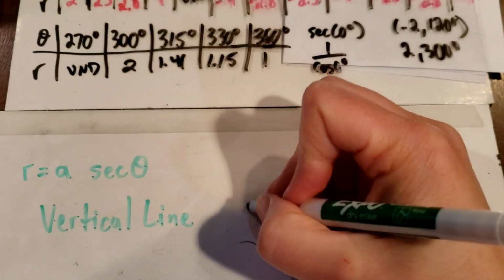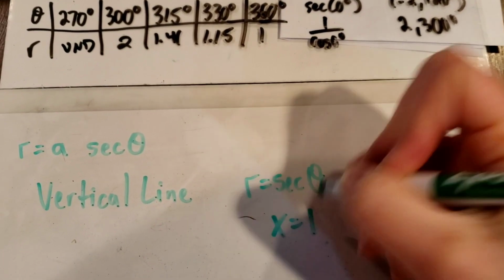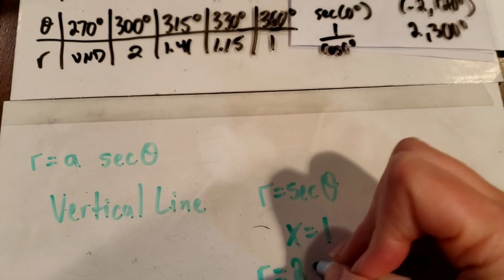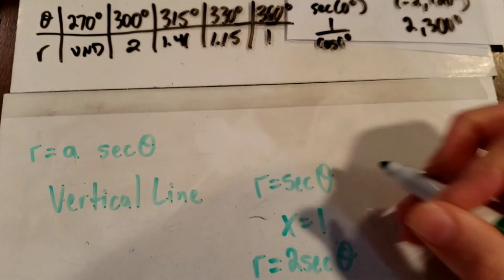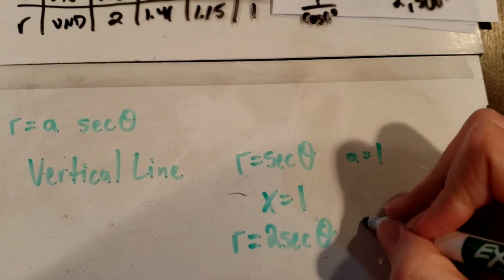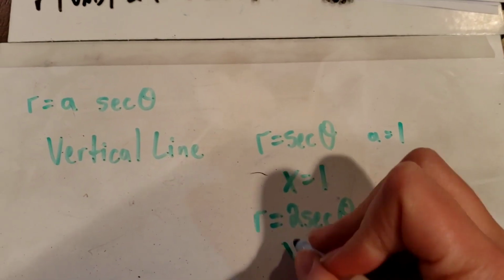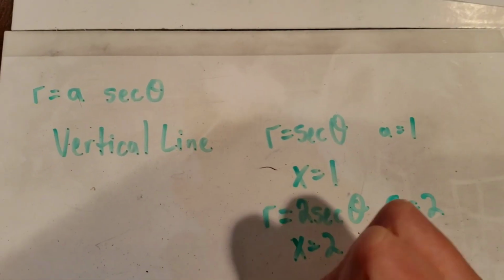Now, if we have r equals secant theta, we got x equals 1. When we had r equals 2 secant theta, in the first equation, a is 1. In the second equation, a is 2. And it was the vertical line, x equals 2.